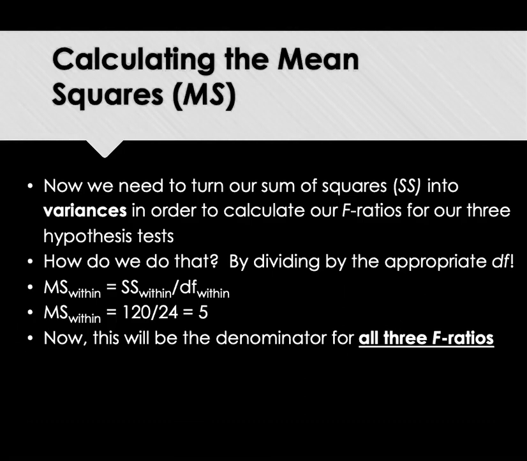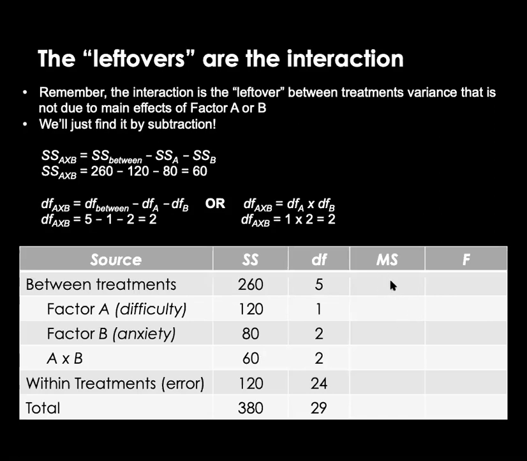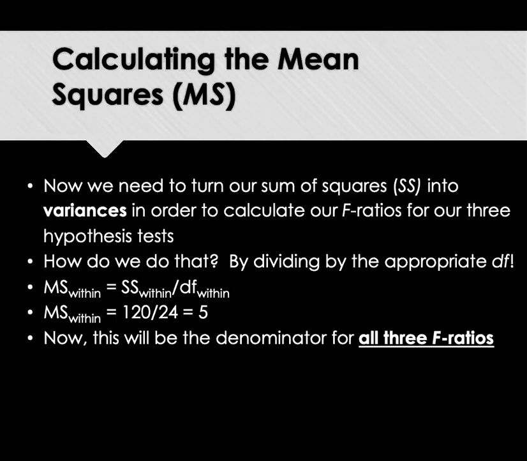Okay, so now we need to turn our sum of squares into variances in order to calculate our F ratios. So remember, our F ratios are going to come from these mean square figures, and the mean square figures are going to come from sum of squares and degrees of freedom. So for mean squared within, we're going to take sum of squares within divided by degrees of freedom within. Again, just taking it straight from the table.